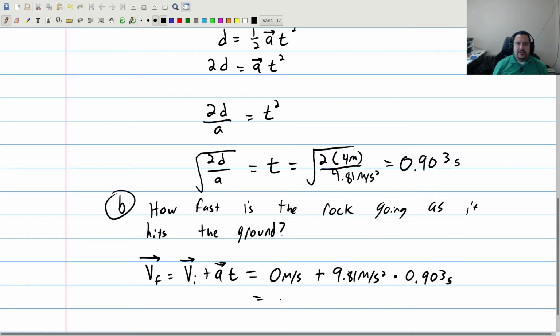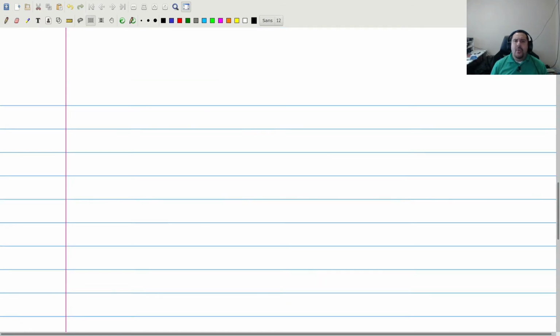And when I do this, I get 8.85, let's round that to a 9, meters per second, because that seconds squared and that seconds go away. Okay, so 8.859 meters per second is going to be how fast that rock was traveling when it hit the ground.